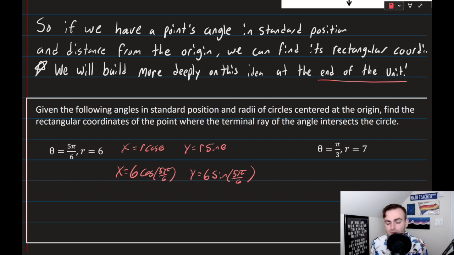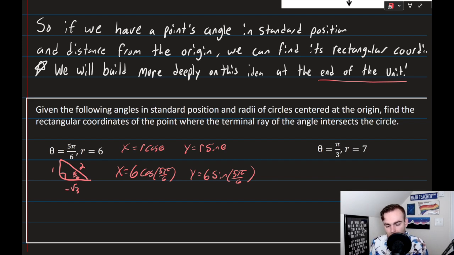Well, what are those values? Well, for me, I'm going to draw the triangle. 5 pi over 6 is 1/6 less than a whole pi, so I'm going to draw a triangle that looks like that. Pi over 6, smallest angle gets the smallest side, so far and so forth.